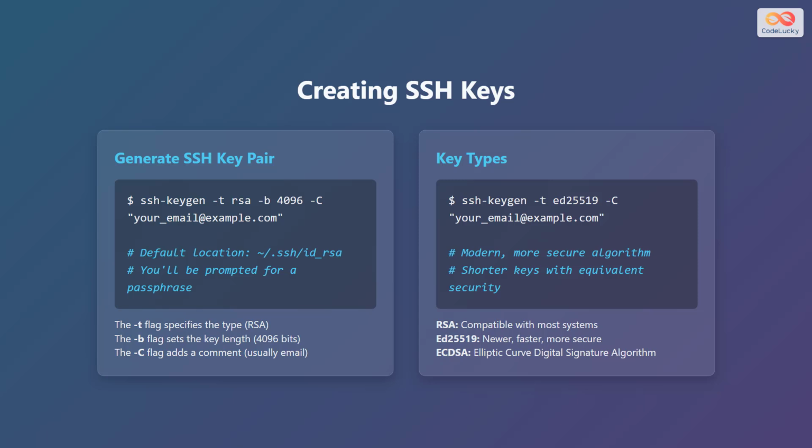This is a modern and more secure algorithm that provides equivalent security with shorter key lengths. Other key types include RSA, which is compatible with most systems, ed25519, which is newer, faster, and more secure, and ECDSA, which stands for Elliptic Curve Digital Signature Algorithm.